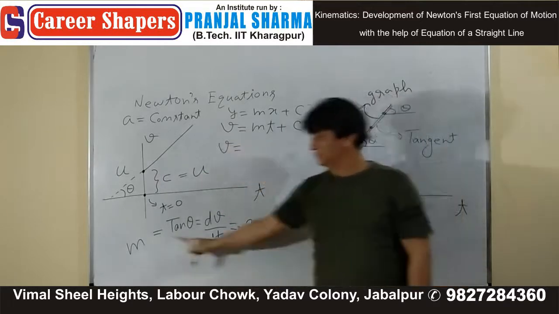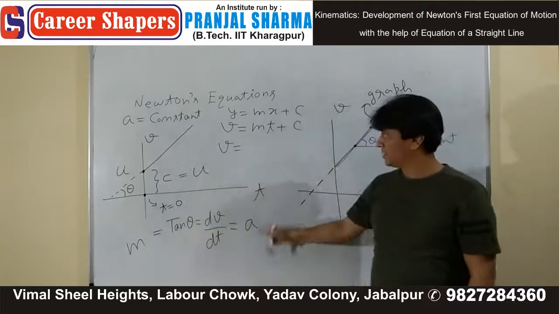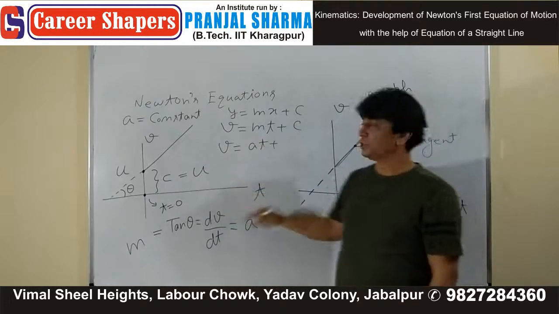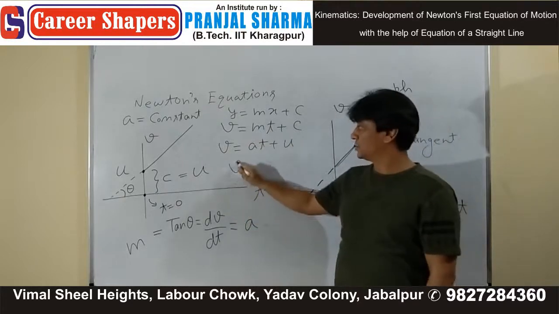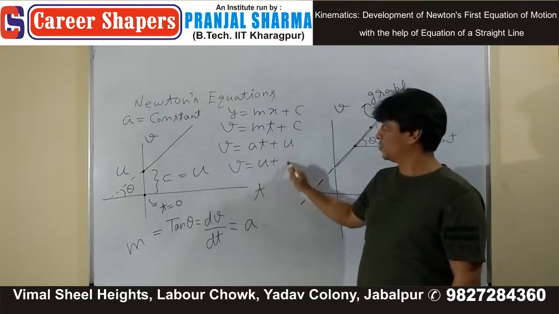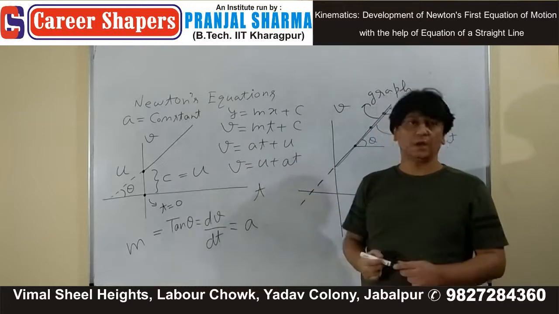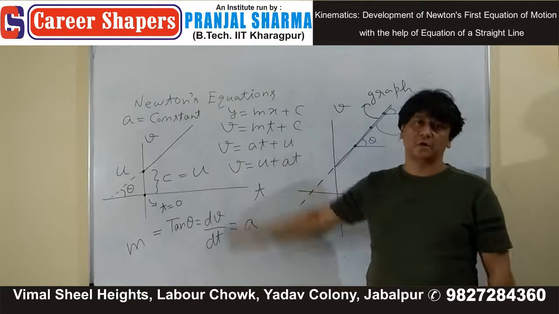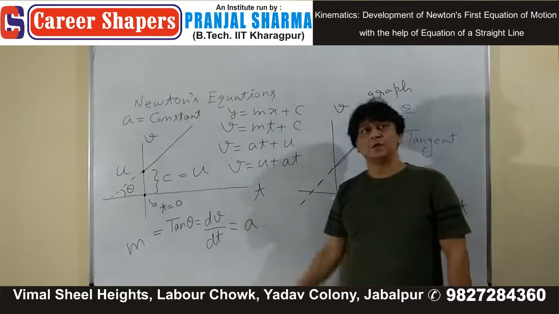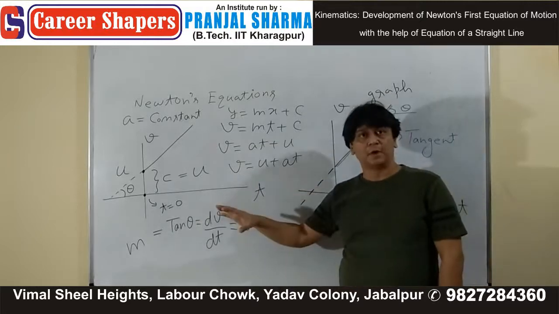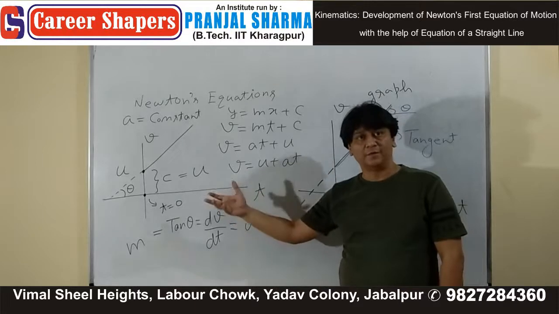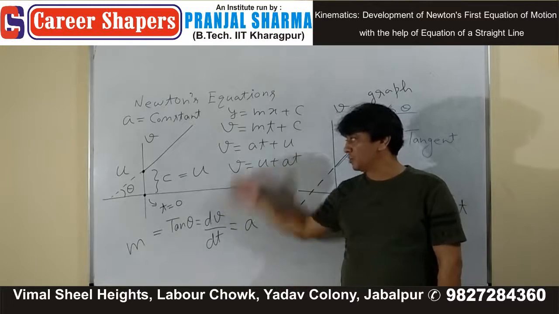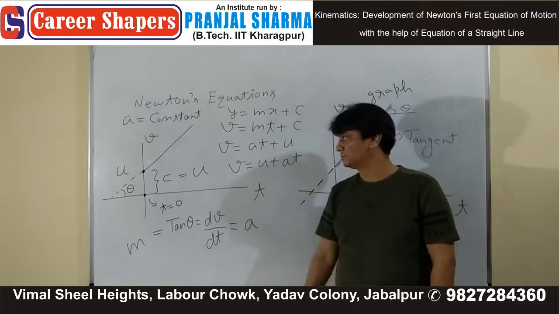What is m? A. What is c? U. This is the first equation, v equals to u plus at, with the help of coordinate geometry, the slope of a graph, and differentiation. These two things and you get this equation.